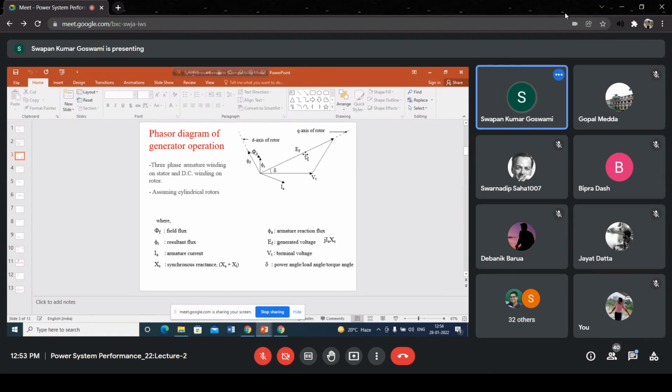Power will flow from the supply to the machine. That's why the terminal voltage will then lead the induced voltage. Here, in case of generator, terminal voltage is lagging the induced voltage.